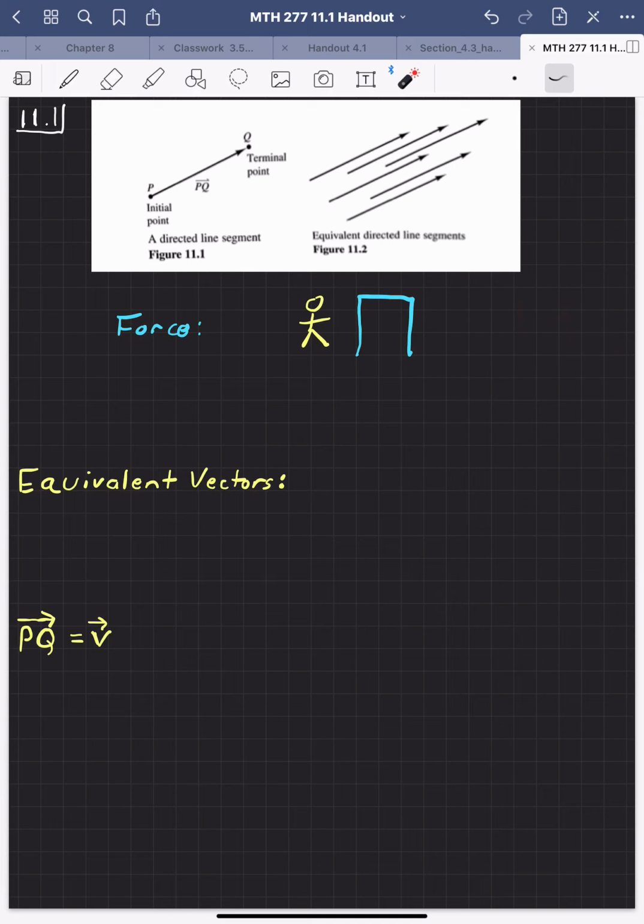So nevertheless, vectors, what we're going to be discussing here, are those quantities that require more than just a single number. Vectors require both the magnitude as well as the direction.